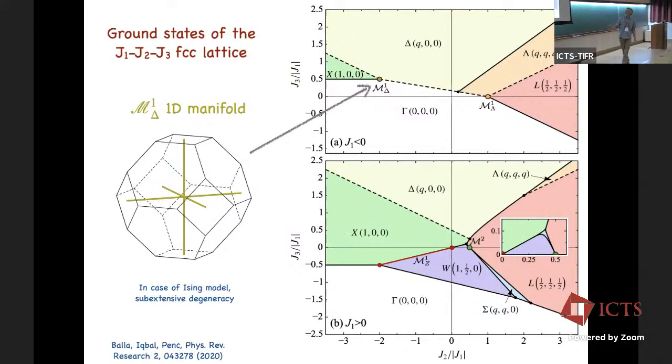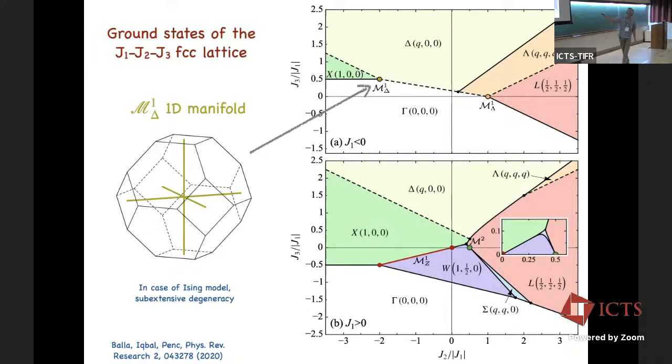It's even more interesting that there are other 1D manifolds where we can play the same game. So this is a triple point between the Q00 incommensurate phase between the gamma and the X phase. The gamma point is here, the X phase is here, and in this phase, the ordering vector will be along this line, but its value will be determined by the value of J3 over J1.